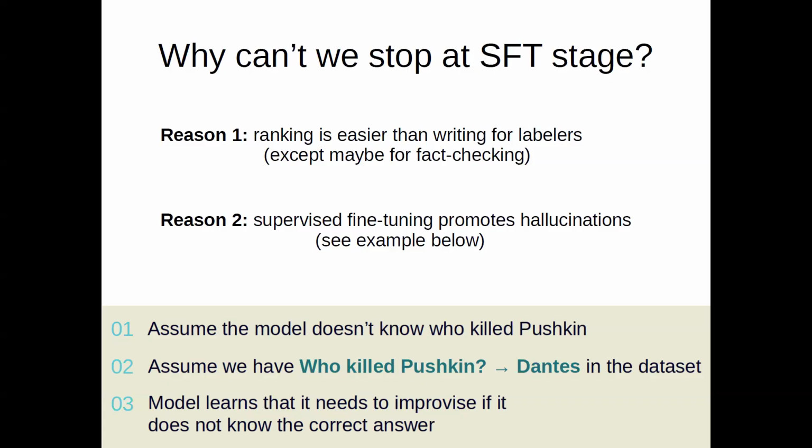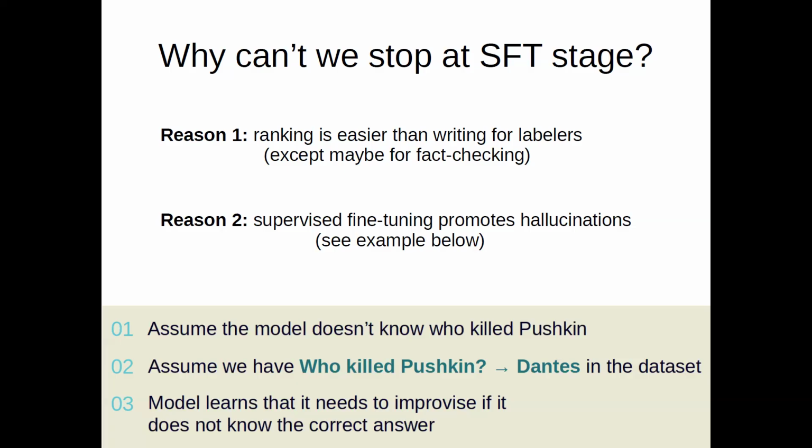The model could see this information, but when it generates the answer, it could forget it, because it just generates tokens.